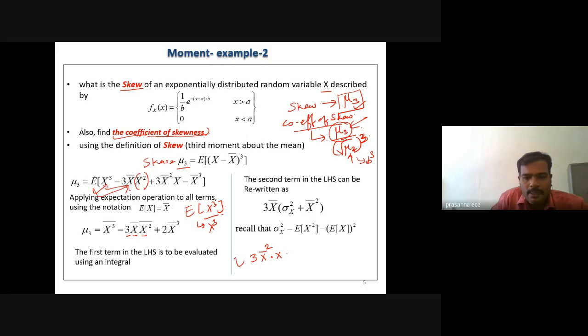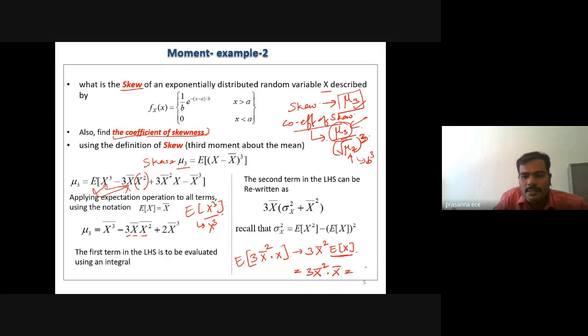That x bar the whole square is also a constant. Are you able to follow this? We apply the expectation operation to this term. The 3 comes as it is, and x bar the whole square is also a constant, so it comes as it is. Now the third term is e of x, which becomes x bar, so this is 3 x bar square into x bar.